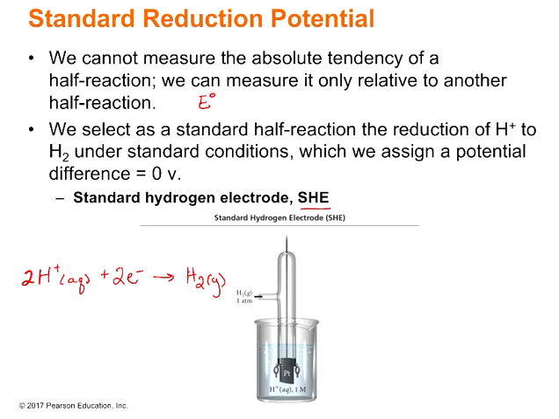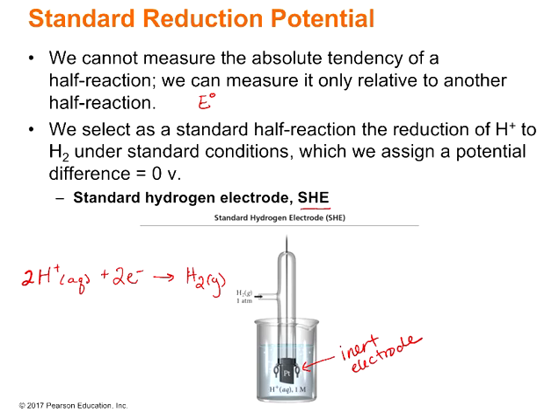And because we're turning an aqueous ion into a gas, we need to use a platinum electrode, or our inert electrode. Because unfortunately we can't just use solid hydrogen. That doesn't really exist at room temperature.